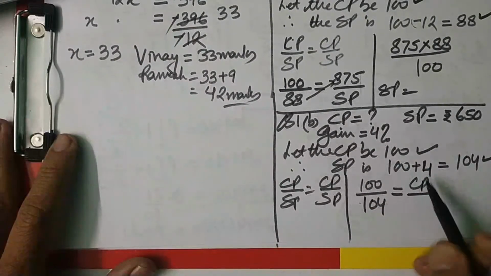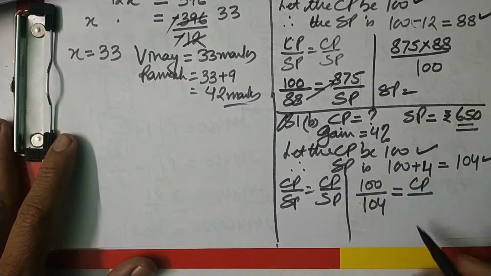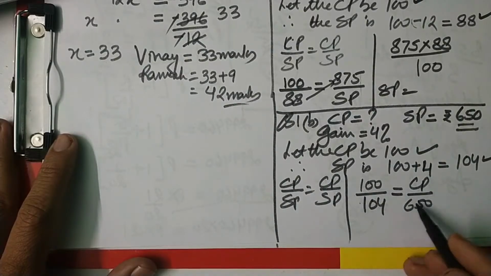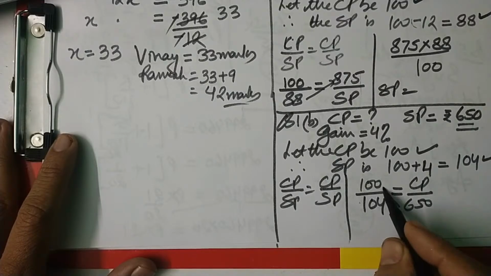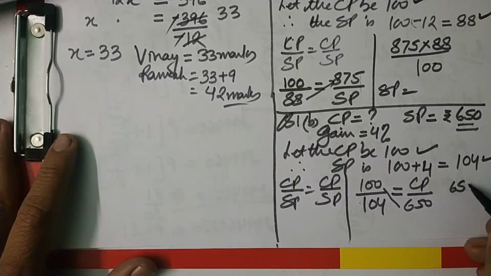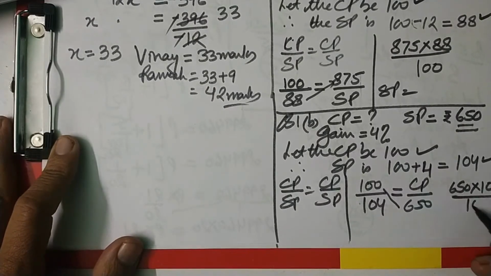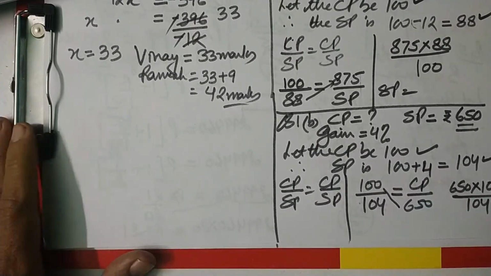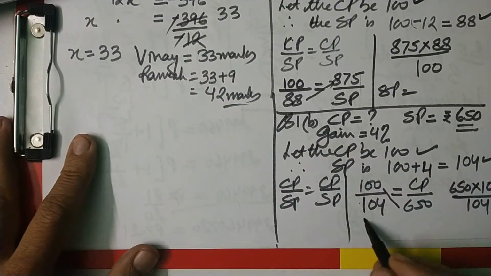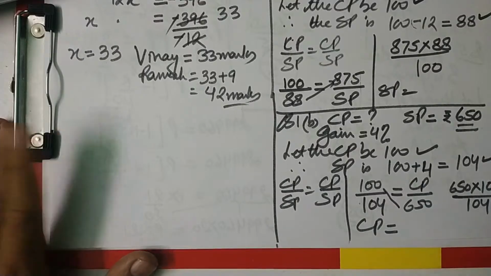So when you cross multiply, 650 will multiply this. So 650 into 100 upon 104. When you divide this, you will get the answer, which will be CP is equal to the answer.